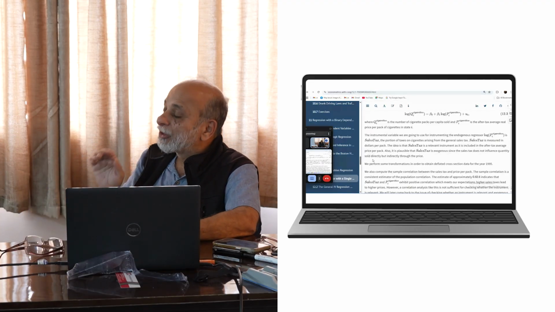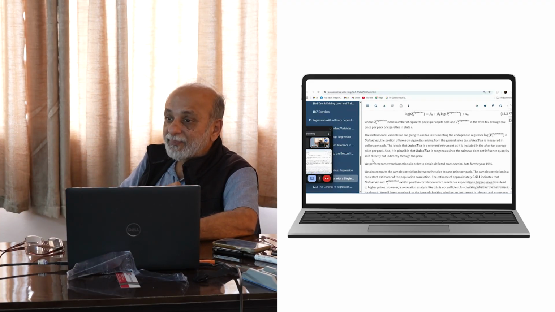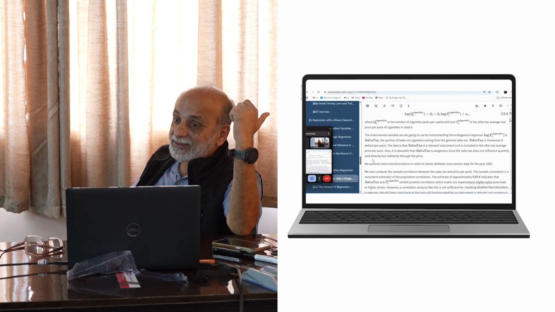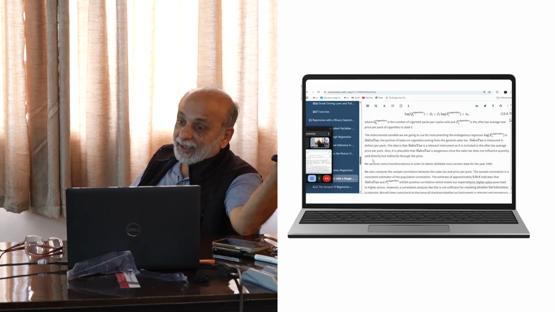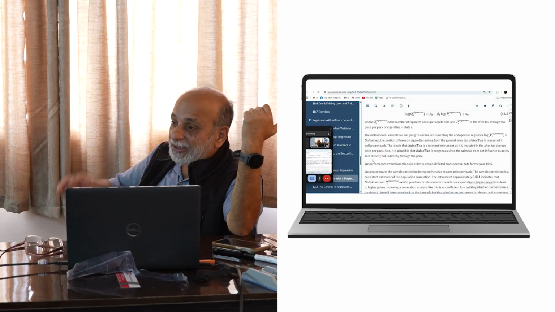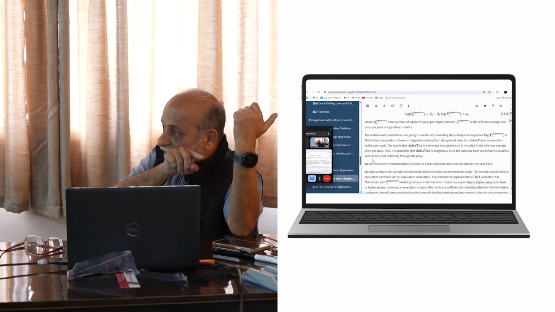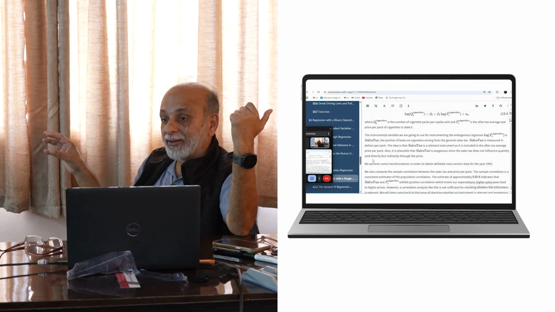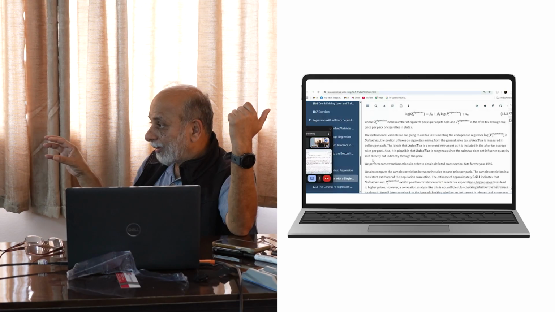Now the point is that this would be correlated with the price of cigarettes. But this does not affect the quantity of cigarettes directly. It only affects it through the price of cigarettes. So therefore it would be uncorrelated with the error term.